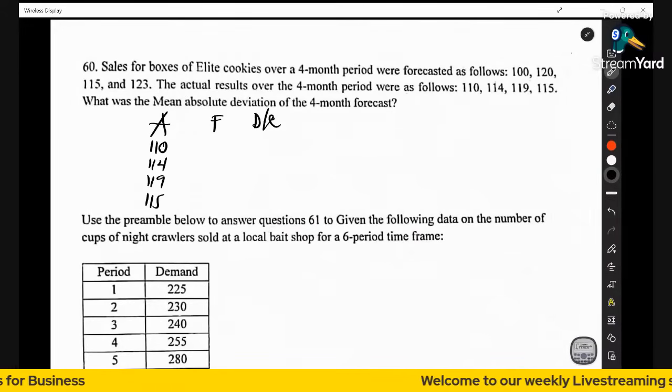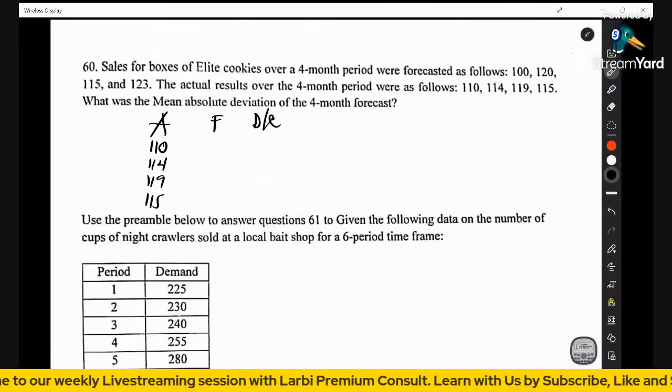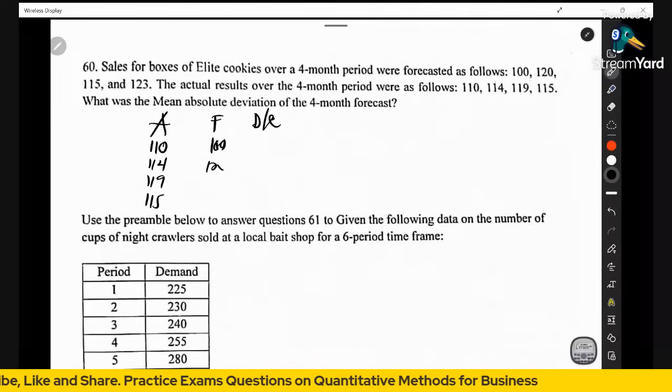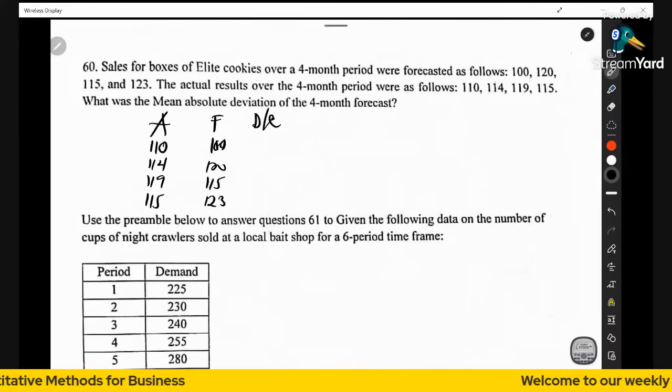Okay, and then we have the forecast to be 100, 120, 115, and then 123. So the error is the difference between actual and forecast, right?